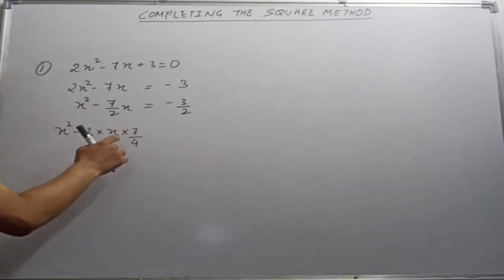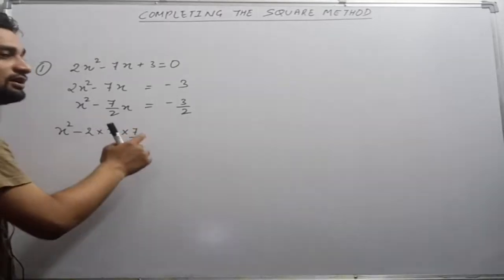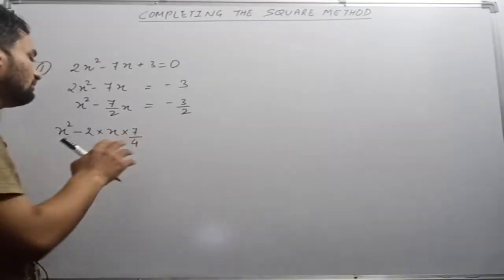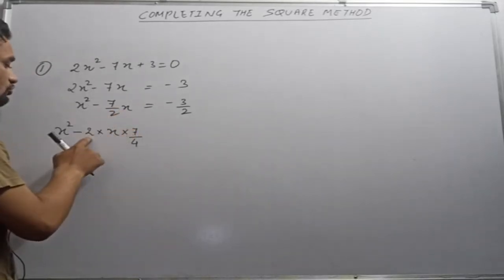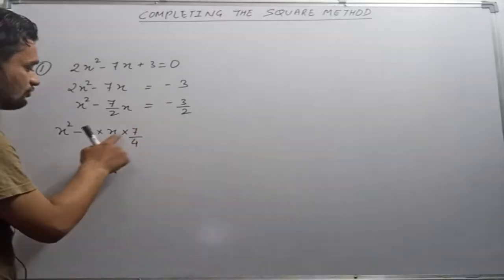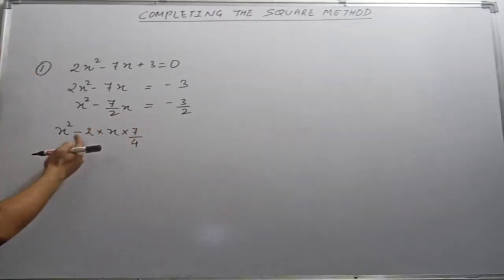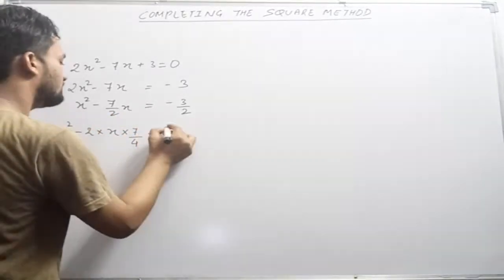We have to find b, and when we multiply 2ab, we should get the previous number. So 2 into 7 by 4 into x gives 7 by 2 x, so a square minus 2ab plus b square.